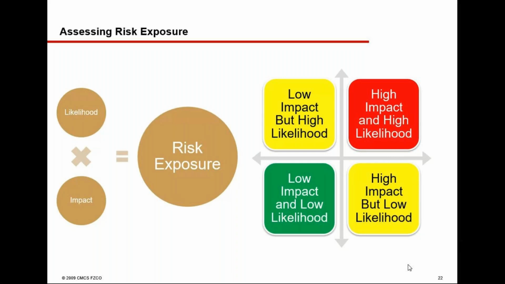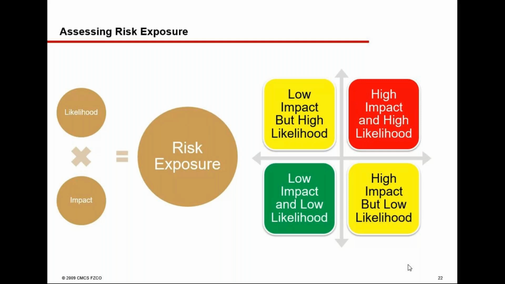The tolerance and the impact scale, and the multiplication of these two gives you the risk exposure, and we can actually draw a matrix wherein the low impact high likelihood and high impact low likelihood are in yellow, and low impact low likelihood is in green, high impact high likelihood is in red.